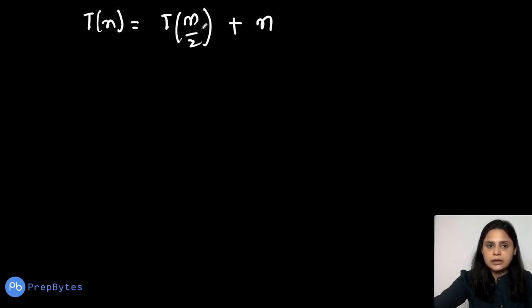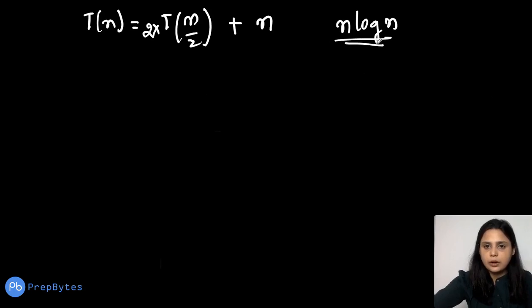If you solve this equation you get the time complexity of n log n. This is the time complexity of merge sort, for the worst case as well as the best case.